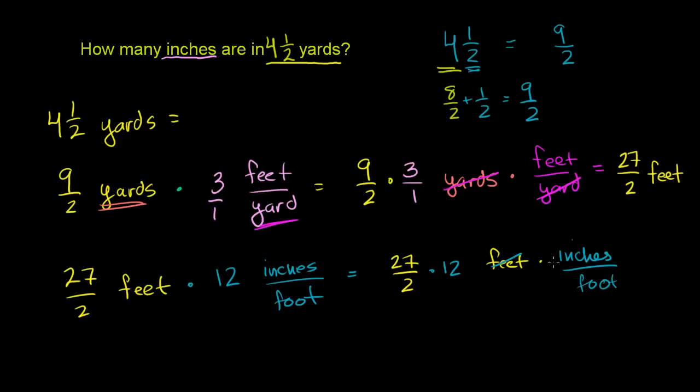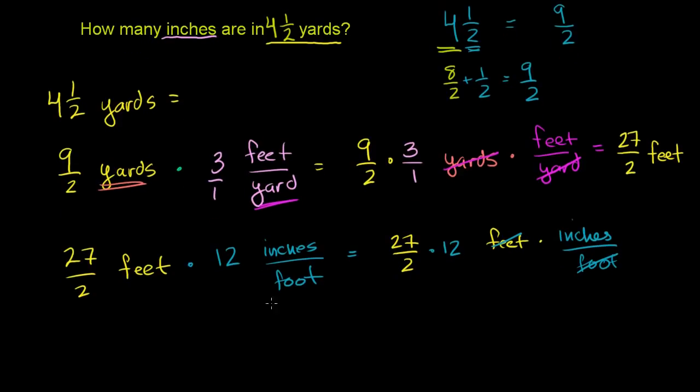The feet and the foot cancel out. They're the same unit. And you have 27 times 12 divided by 2 inches. And our final answer is going to be 27 times 12 over 2 inches.